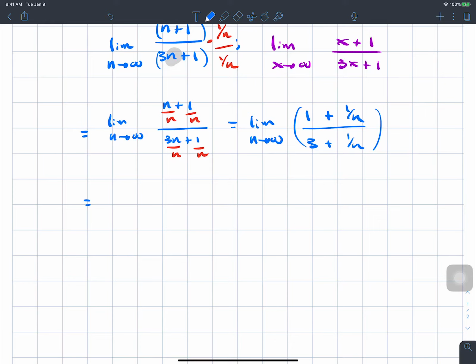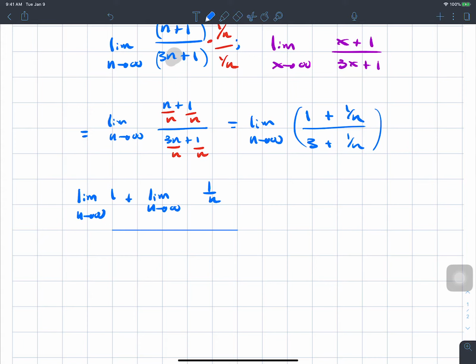So we'll say this will be 1 plus the limit, n goes to infinity, of 1 over n, over 3 plus the limit, n goes to infinity, of 1 over n. The limit of the constant 1, n goes to infinity, and the limit of the constant 3, n goes to infinity.